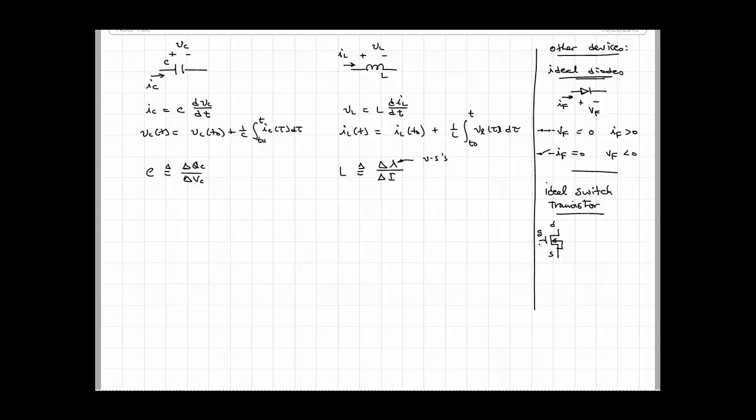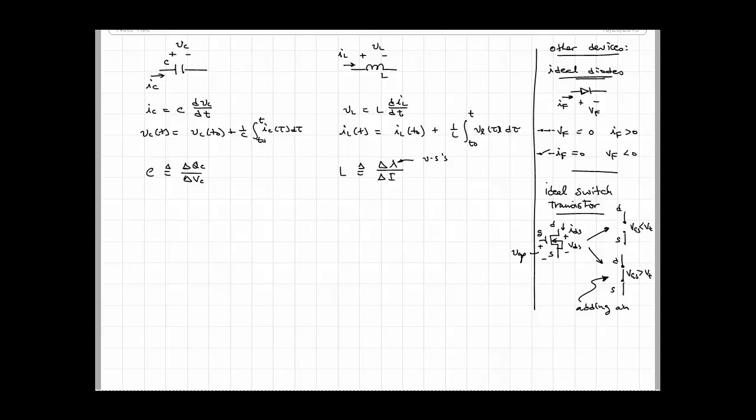And here we'd have VGS across here, and we'd have IDS, and we have the voltage from drain to source, VDS. And we will say that it is an open for VGS less than some threshold VT. And it's going to be a short, this is drain and this is source, for any VGS greater than threshold.